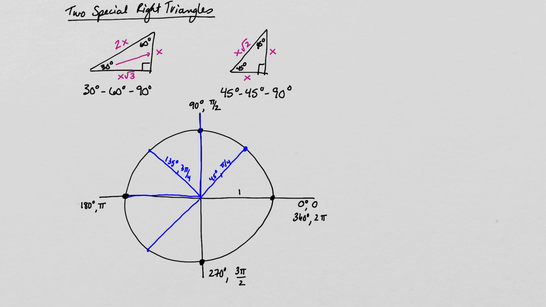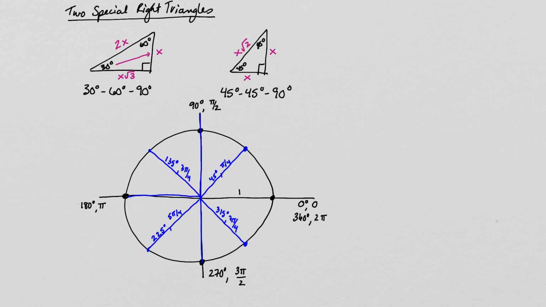We have another 45 degrees, which would bring us to 225 degrees, or 5 pi over 4 radians. We have another 45 degrees, another 45 degrees, which would be 315 degrees, or 7 pi over 4 radians.